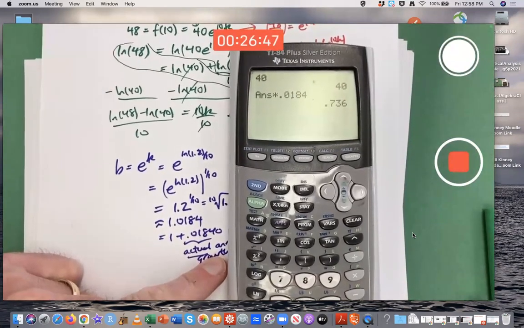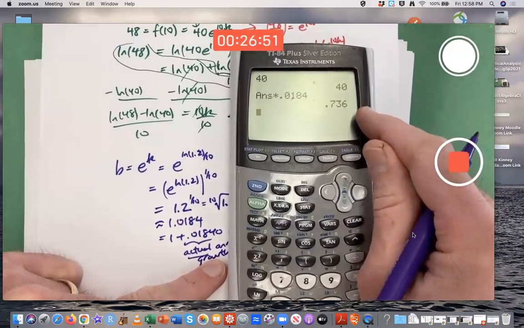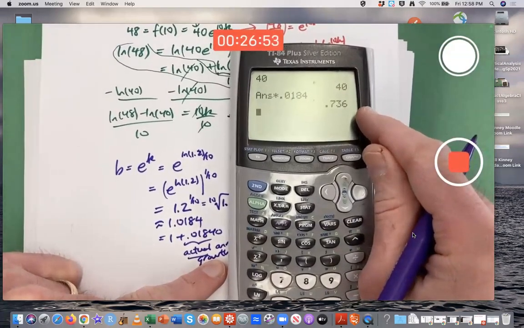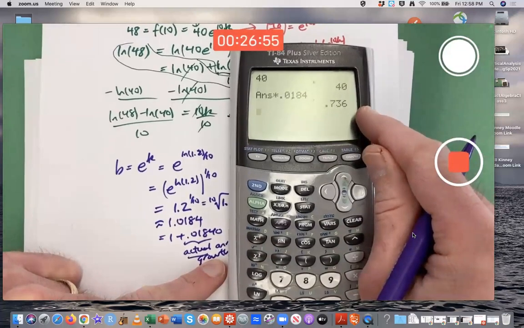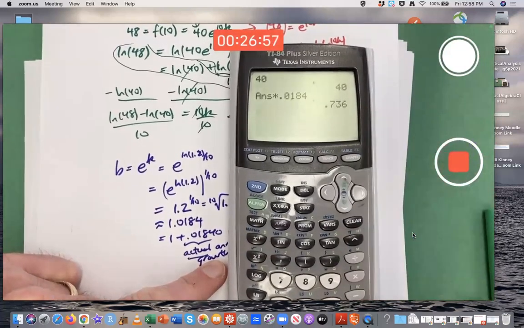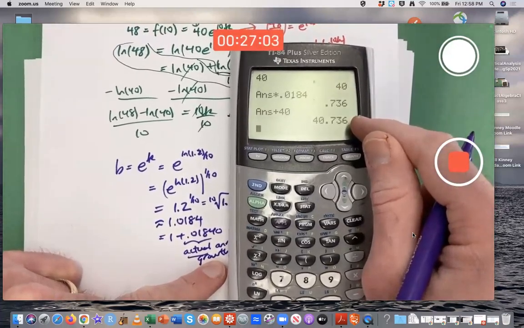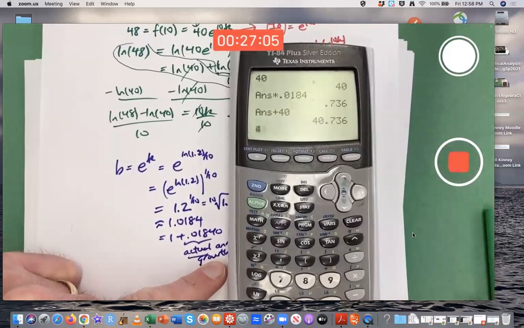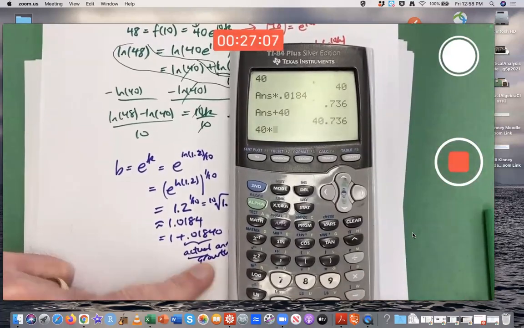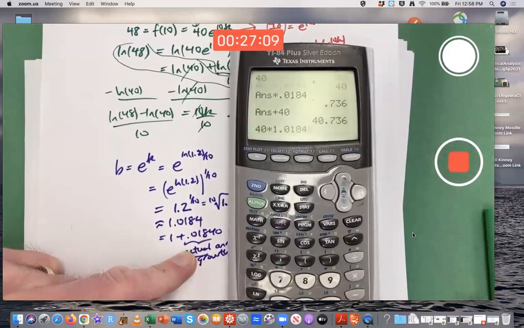In other words, since the units are millions of people, that's 0.736 million people, which would be 736,000 people. Then add that on to the original population. That's going to be the approximate population in millions in the year 2001. I could have done that just by multiplying by 1.0184 instead of doing 2 steps.